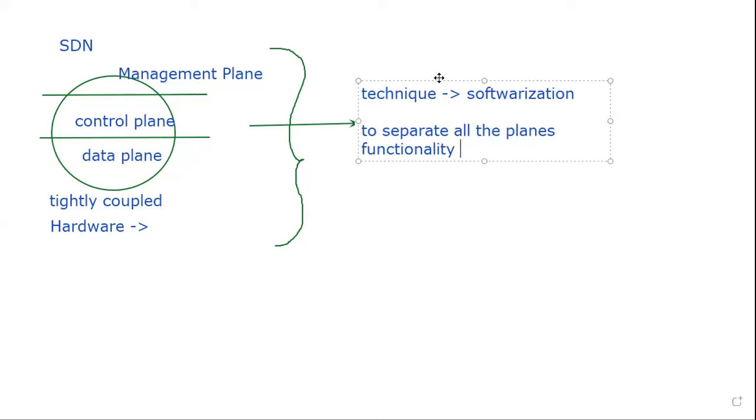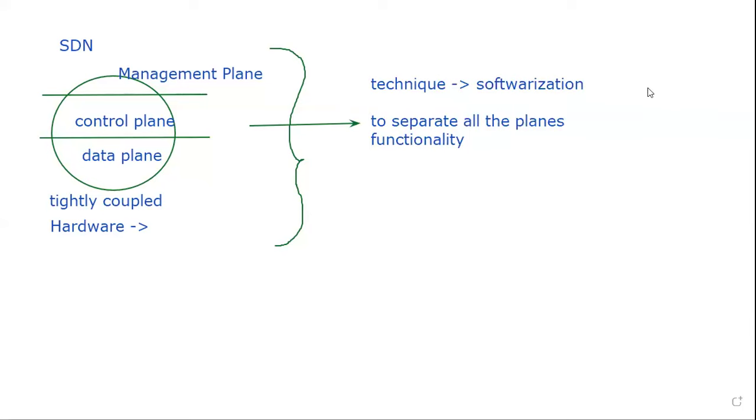Once this functionality is separated, you will be able to see the management plane as a software, and we call it a virtual network function.